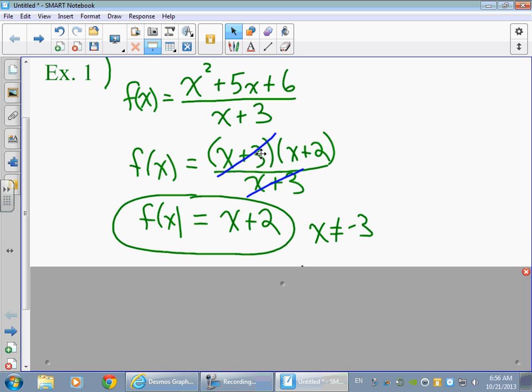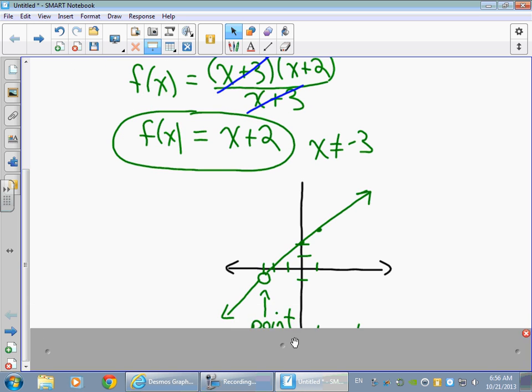When we divide out the x plus 3, we're left with x plus 2, with the understanding that because I had this initially in my question, and I'm suggesting that x plus 2, this final expression, is exactly the same as the original, I have to state the restriction that that's only as long as x does not equal negative 3.